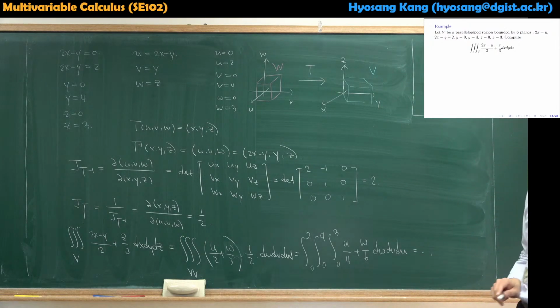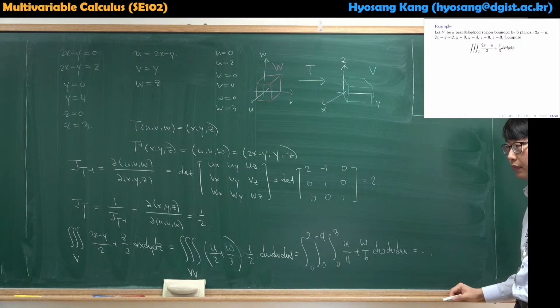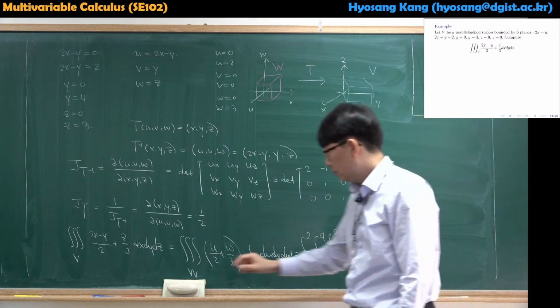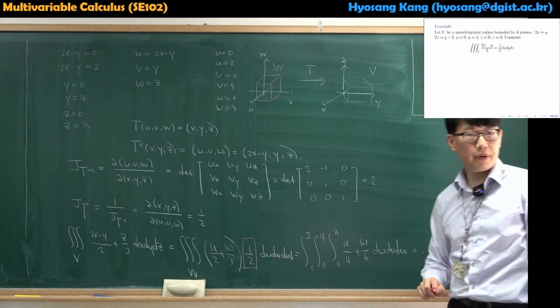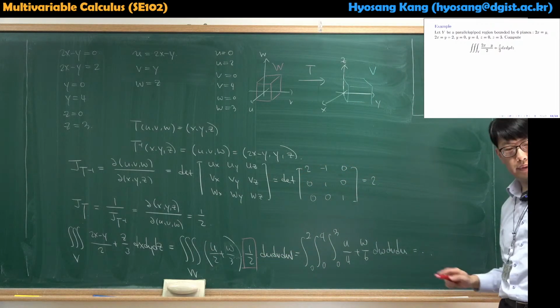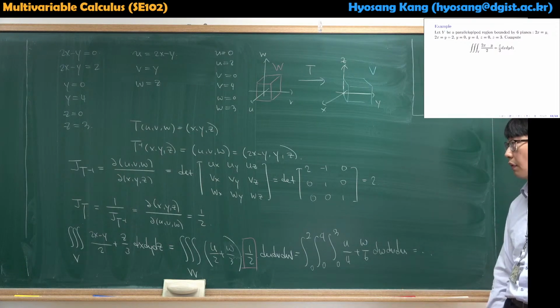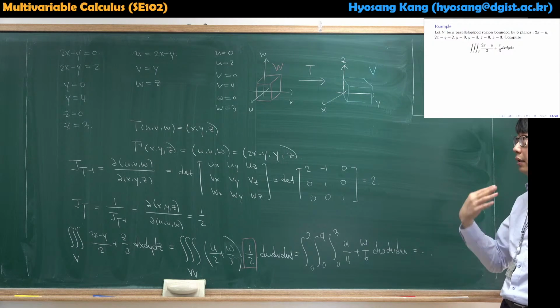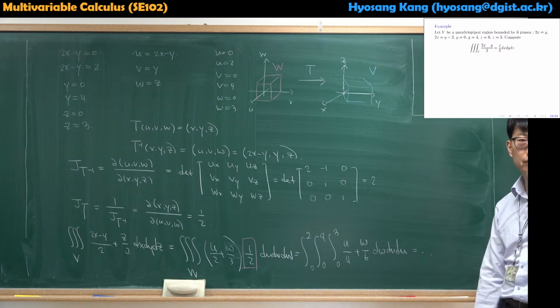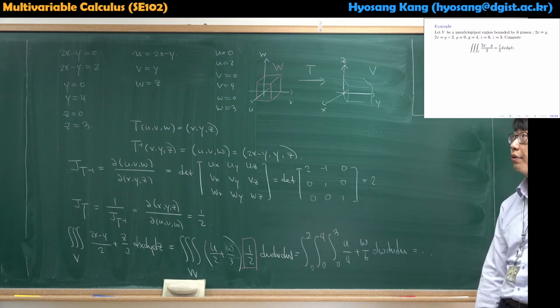You can easily compute that afterwards. You have to remember that you have to multiply by 1 over 2. So this is a standard technique, an easy example, but a very standard technique of using integration by substitution.